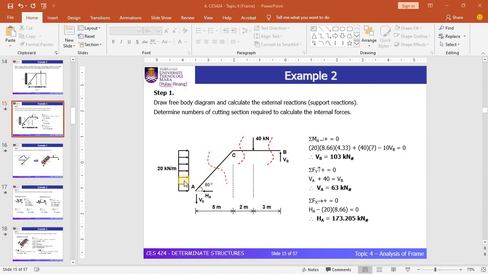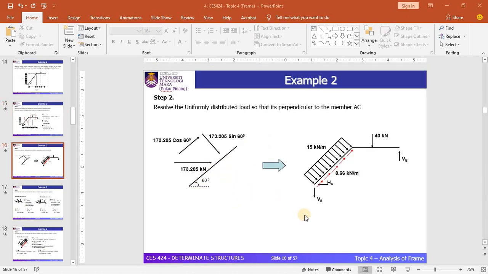You can see that this particular UDL is not perpendicular to this member, so you need to change this UDL so that the UDL becomes perpendicular and parallel. The process is explained in this slide. Let's relook at this diagram.